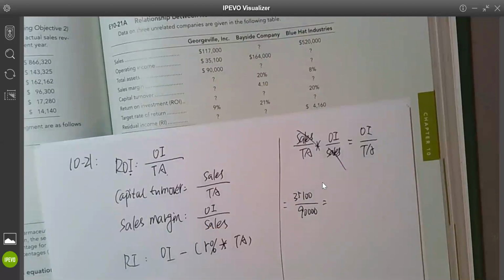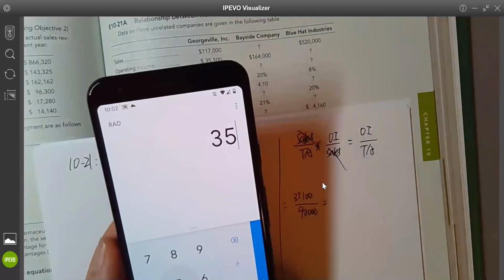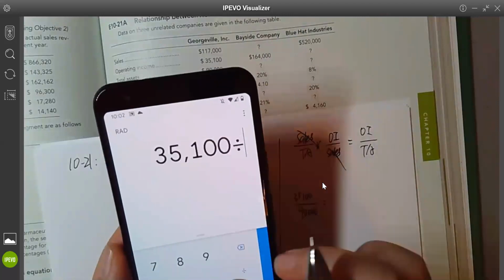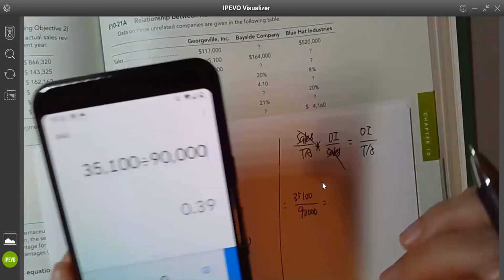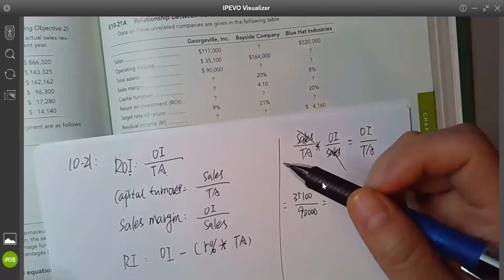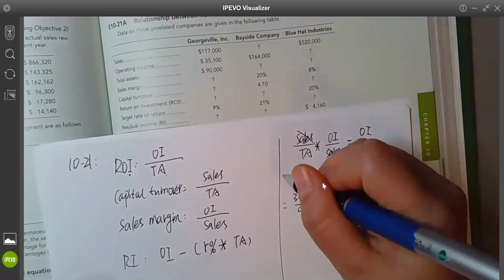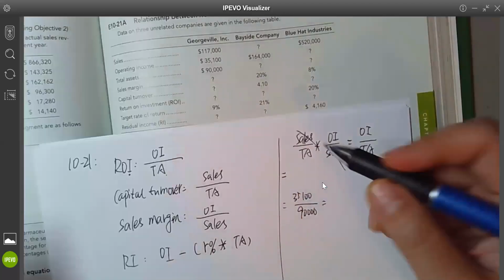If you don't mind, give me 1 second. 35,100 divided by 90,000. Hold on, I forgot. So capital, the first one, okay.